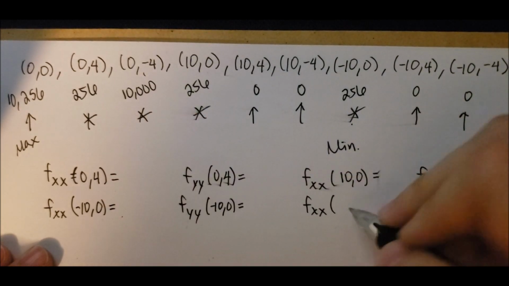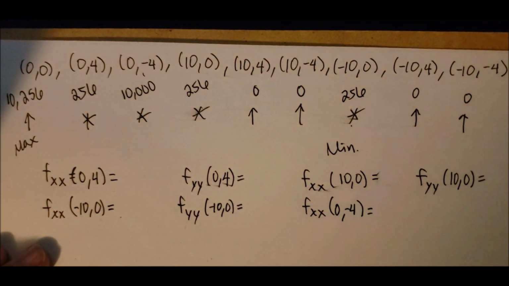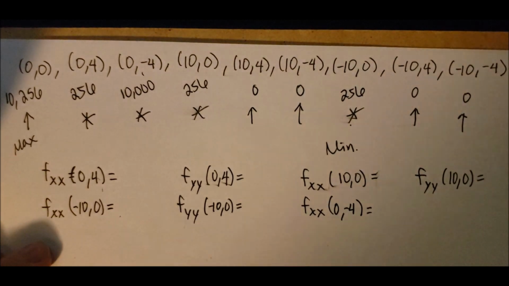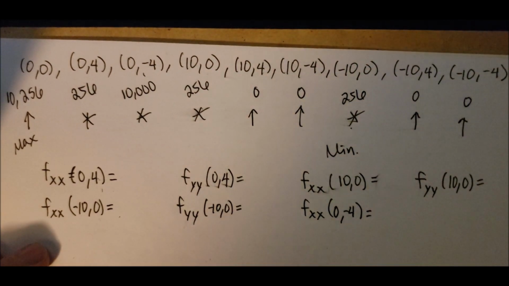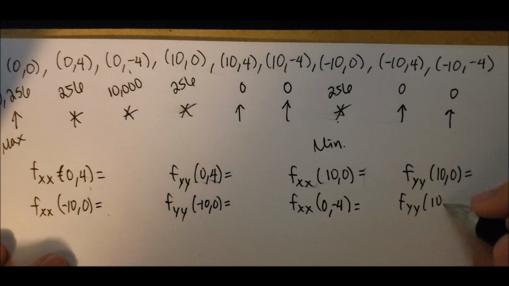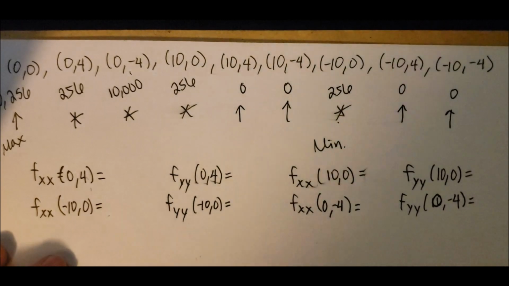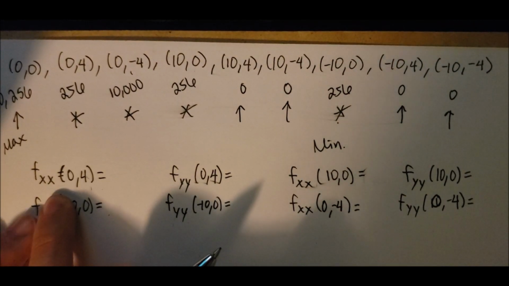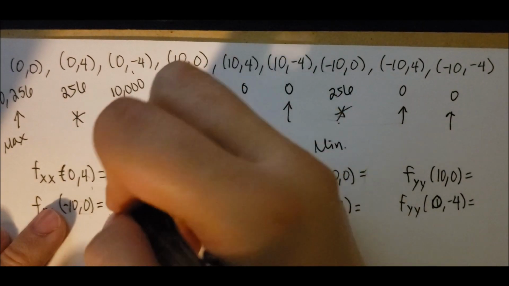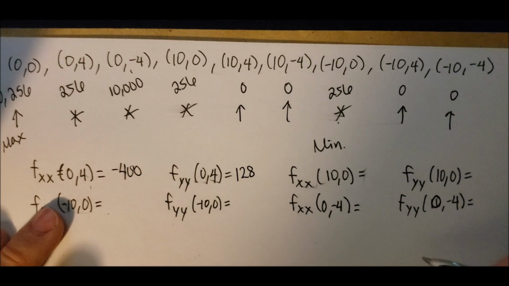Oh, I forgot about 0, negative 4. So basically every point where one of the variables was 0, I have something going on, possibly a saddle point. So at 0, 4, I get negative 400 and 128.